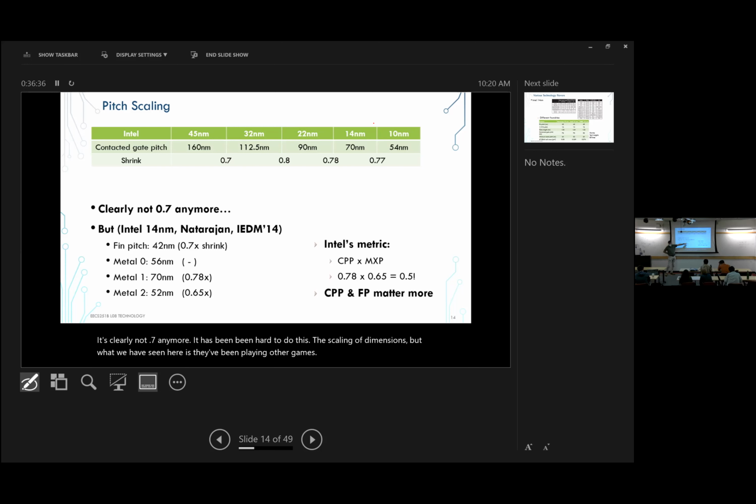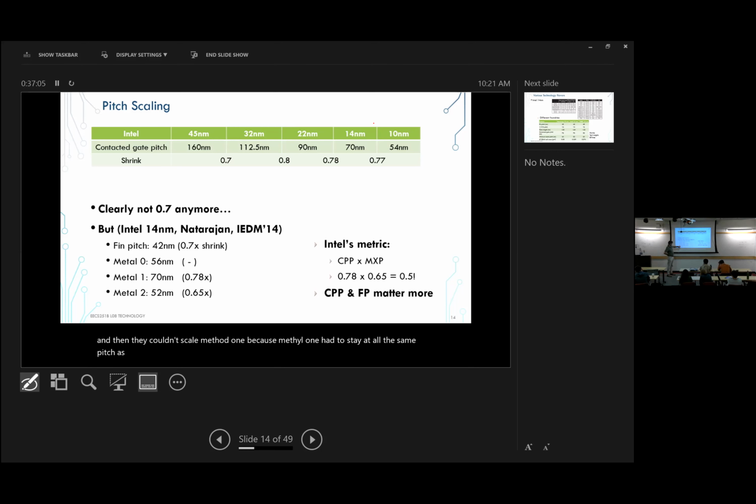Fin pitch has been scaled aggressively, about 0.7. They have added in 14 nanometers a local interconnect, which is called metal zero, that used not to exist, to drop directly onto gates and drains. And then they couldn't scale metal 1 because metal 1 had to stay about the same pitch as the gates.